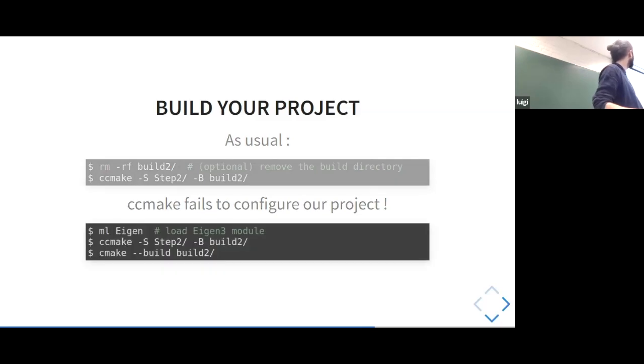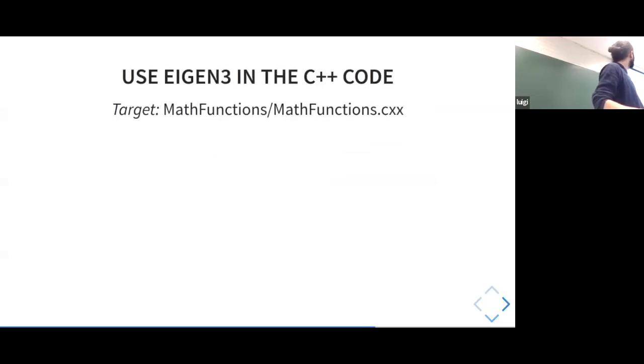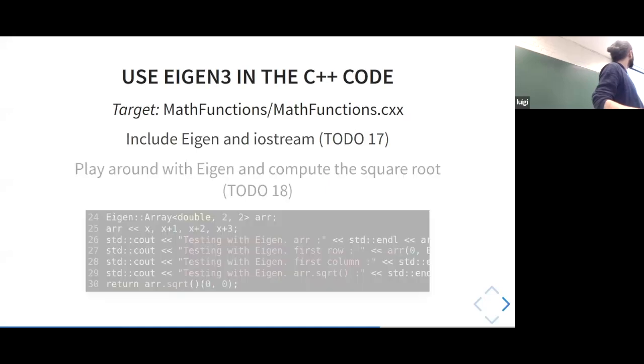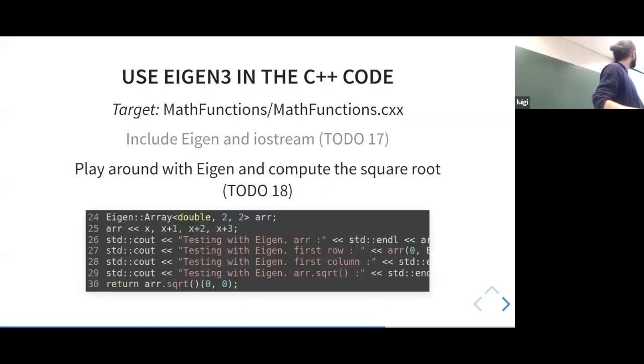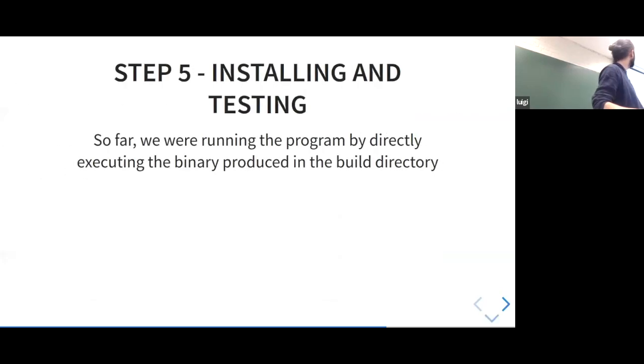So if I load Eigen, and then I configure my project and I build it, then it would work, and I have access to Eigen without even the need to locate the library. And so here it's me using the library inside of the code to demonstrate it actually works, because much more than just coding a library and adding CMake files.